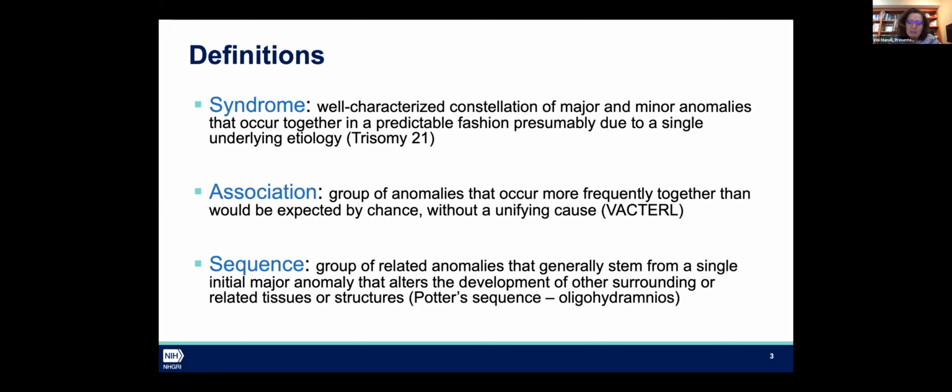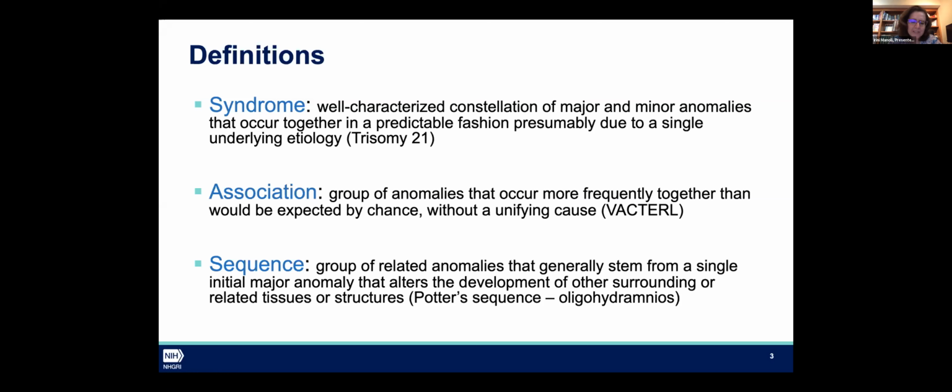Association we use for anomalies that happen more frequently together, like, as Cindy said, it used to be CHARGE or VACTERL. CHARGE now has a gene associated with it, so it is a syndrome. And then sequence is a group of anomalies that come from a single major anomaly, and then the others follow as a result of that.